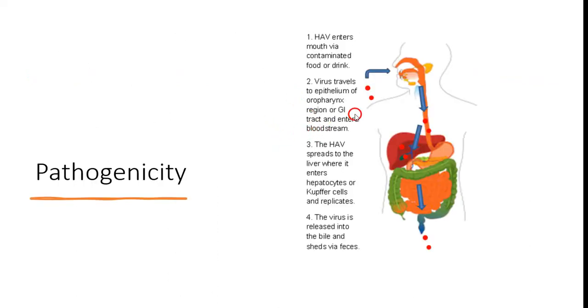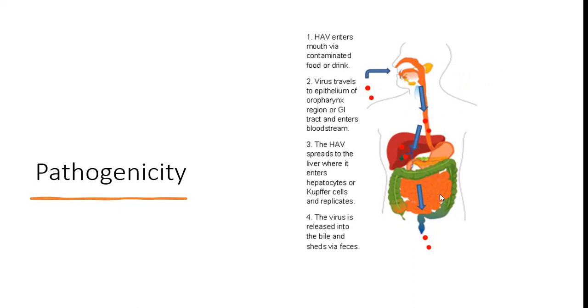And what's going to happen in Hep A is that somebody is going to ingest contaminated food or water that has Hep A on it. Since it's coming in through the oral cavity, it's going to go down into your GI tract, and as that virus moves through the epithelium, either in the esophageal region or the small intestine region, it's going to attach to the mucous membranes and enter the bloodstream.